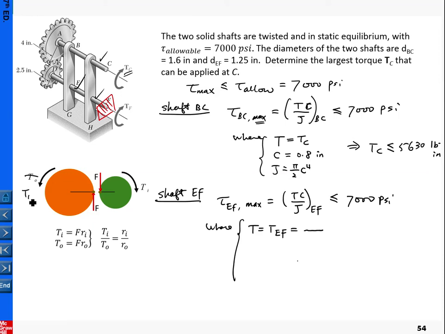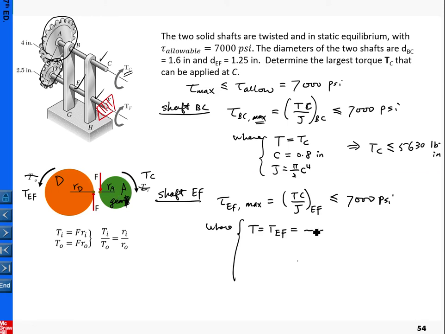So this is what we're looking for, and this is our input TC here, and this is gear B. And this is our gear A, and this is our gear D. So this is RD and this is RA. That's the symbol here.